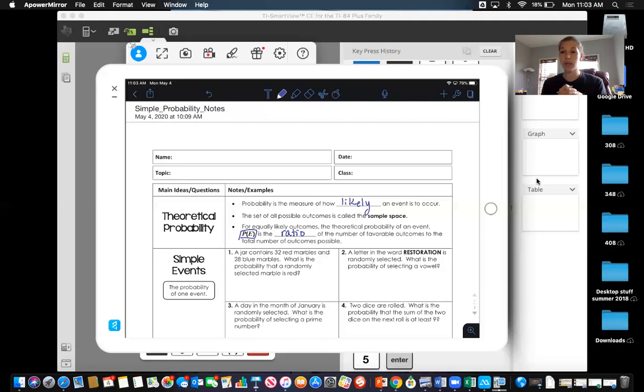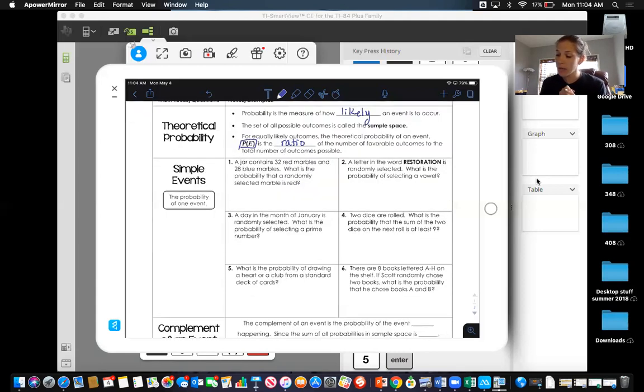So this will make more sense here because you've been doing probability, some of these basic things for a long time. So we've got a jar containing 32 red, 28 blue. What's the probability that a randomly selected marble is red? So if we're doing a ratio with probability, it is your total outcomes that you want. So this is where we called it your favorable outcomes. Well, we want a red one, so I have 32 reds to choose from.